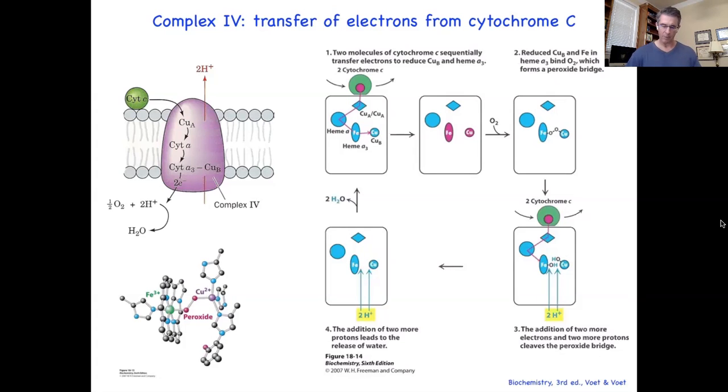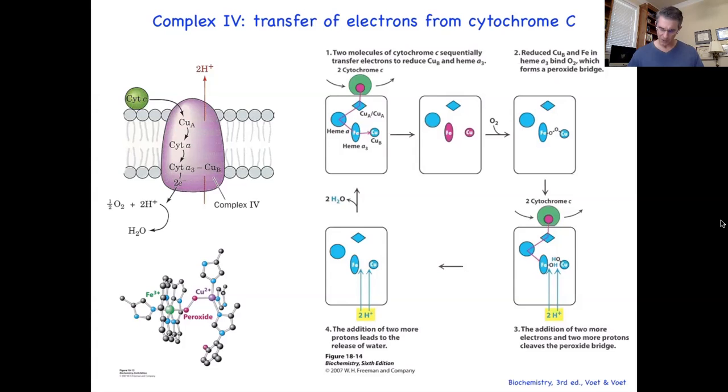So by running essentially 4 cytochrome C reduction cycles, we've run 4 molecules of cytochrome C, and we've now pulled in 4 protons. We've taken 1 molecular oxygen and made 2 molecules of water out of it, which is really kind of amazing that this happens this efficiently and works basically this well.